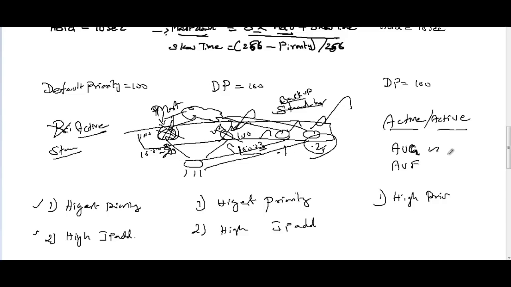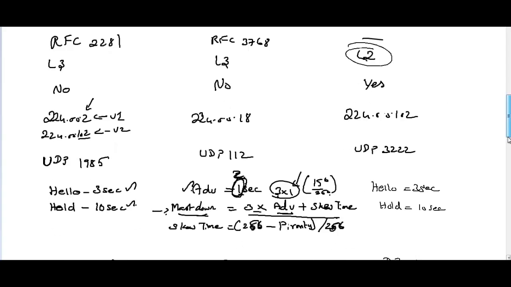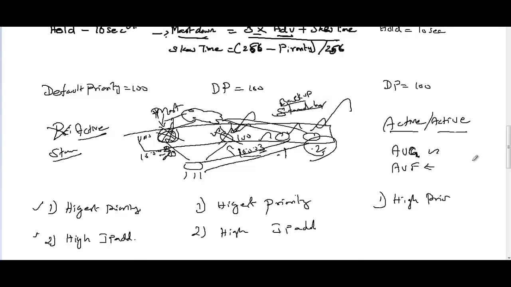But if you talk about AVF, Active Virtual Forwarder, which is the data plane, we know that this works on Layer 2. So the load balancing is purely based on MAC address. Now if you take AVF on the first router and AVF on the second router, you will have AVF on both the routers, but AVG will be only on one router.